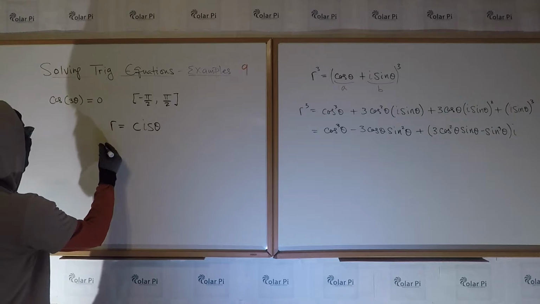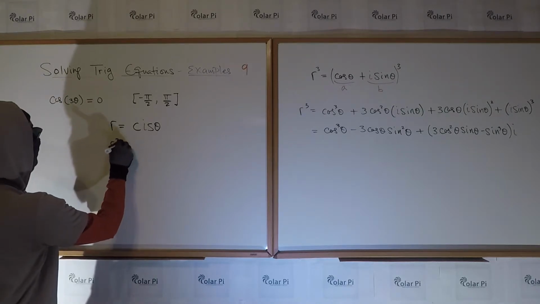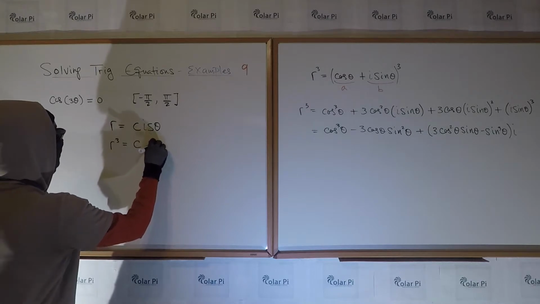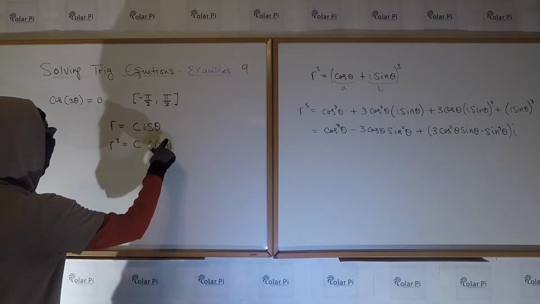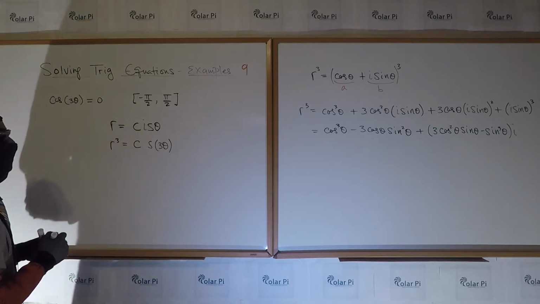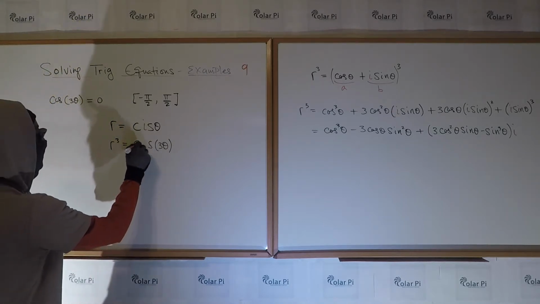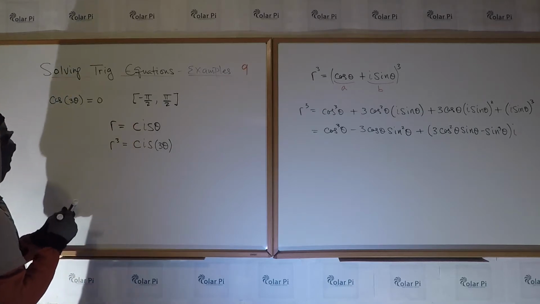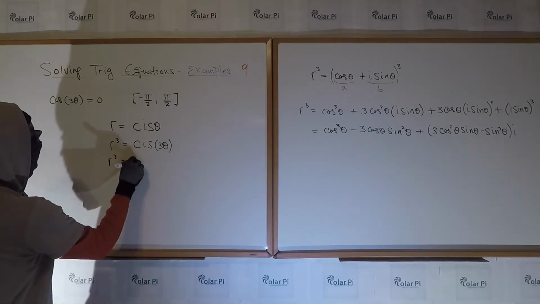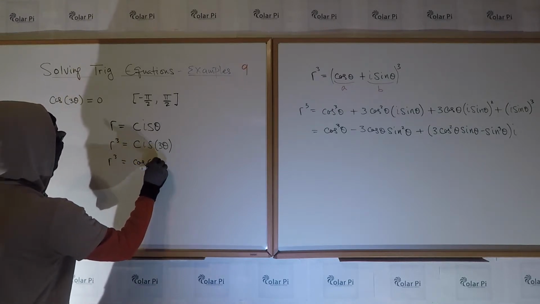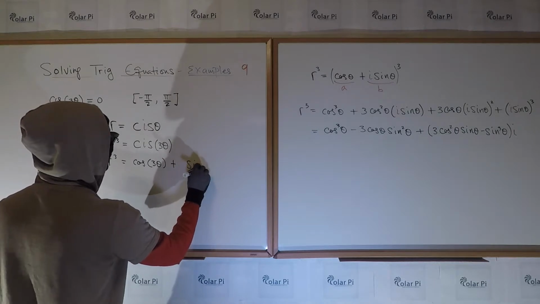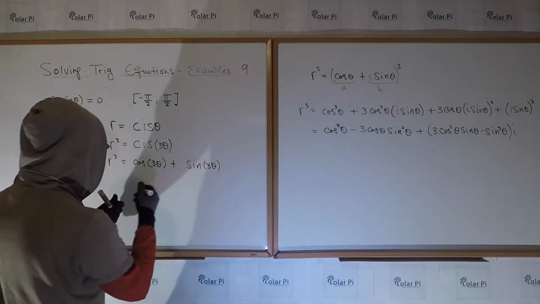But if this is R, then R cubed is equal to cis 3 theta, because according to Moivre's theorem, if R is cis theta, then R to the n is cis n theta. That's to say that R cubed is equal to cosine 3 theta plus i times sine 3 theta.